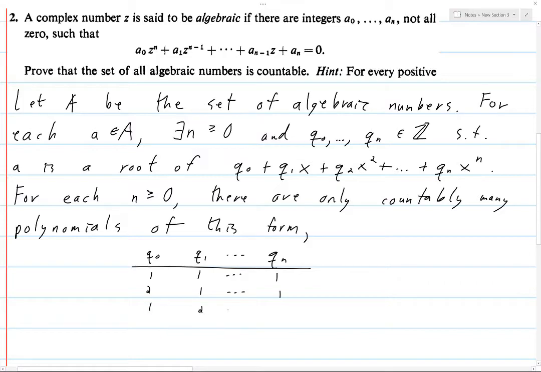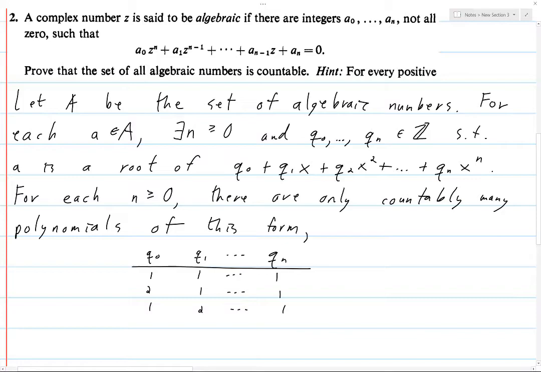And then you do it like this, and so on and so forth. Basically, you take every possible combination of positive integers and let those correspond to which integer in the list you're going to use for q0 through qn.